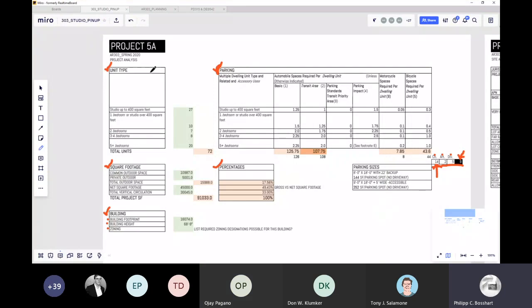I'm going to go one by one through here. Within the unit type, I'm borrowing the language of the San Diego Municipal Code. They define a studio up to 400 square feet, which has certain designations. A 1-bedroom or a studio over 400 square feet has a different designation. So they make classifications in that.